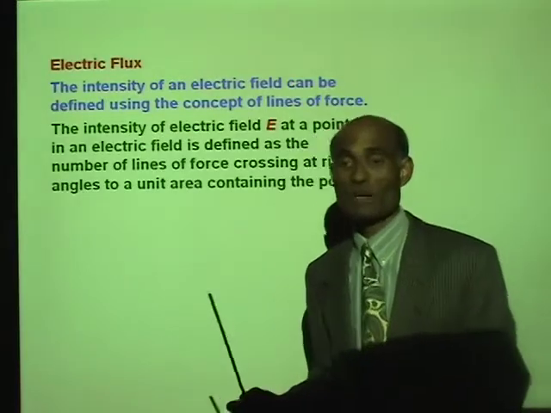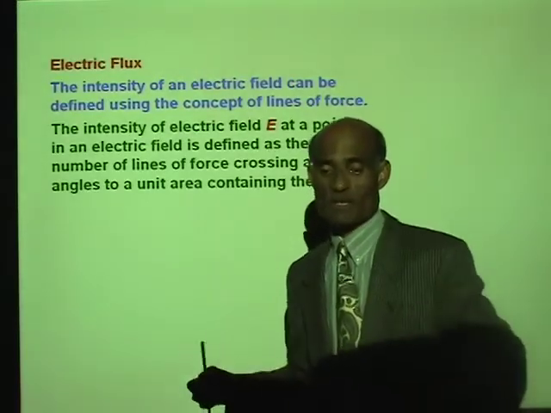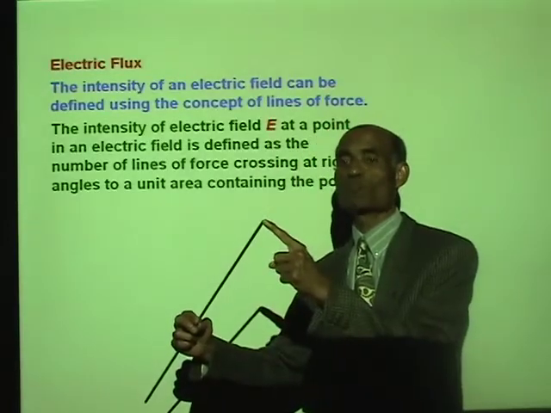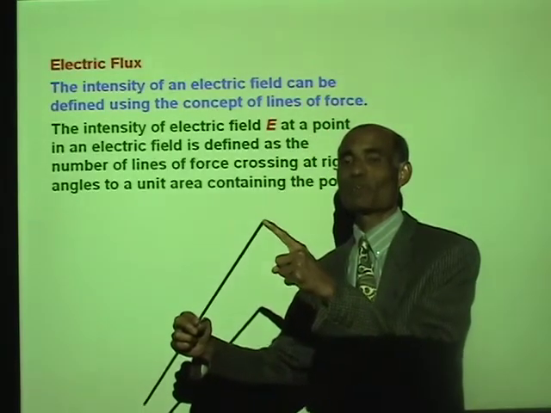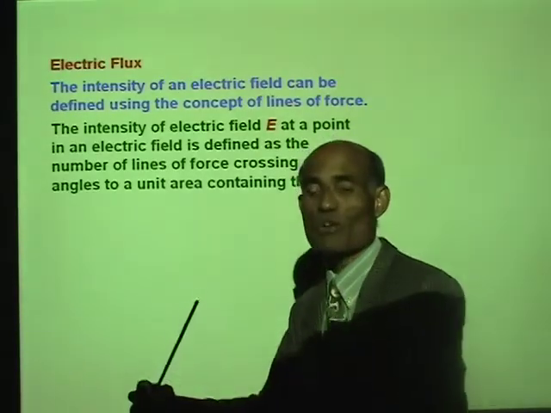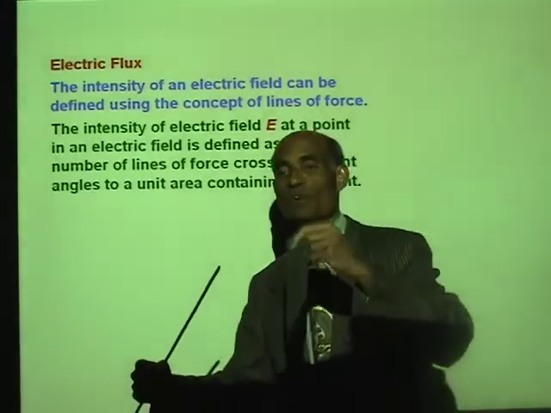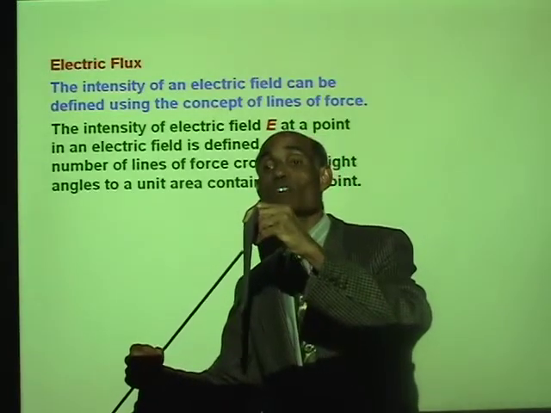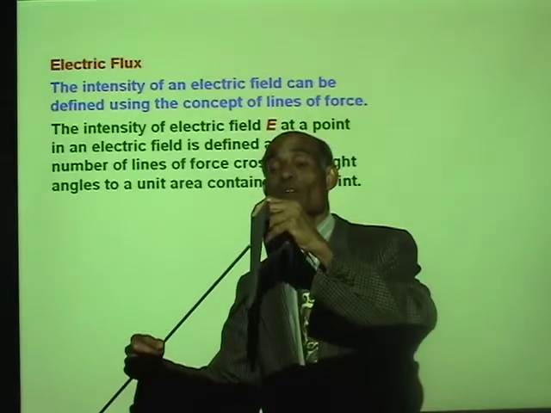So one more time, try and understand this well. If I want to find the electric field at this point, what do I do? I keep a unit area there, so that the point is on the area.